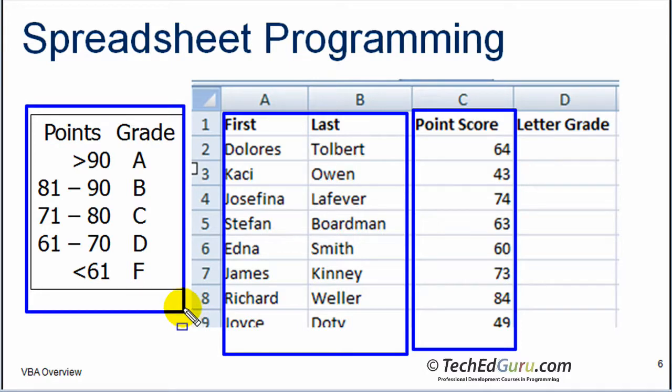For example, if a student's point score was greater than 90, he or she will get an A. If it was between 81 and 90, he or she would get a B, and so on. I obviously don't want to do it manually, so I have two options. One, write a spreadsheet formula to compute the letter grade, or two, write a VBA function to do the same thing. Let us look at both of these approaches.